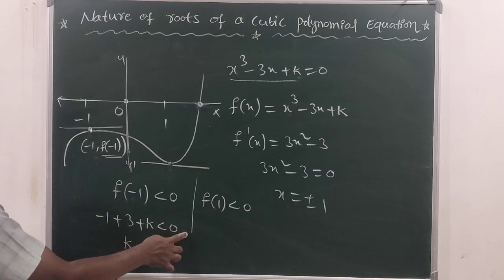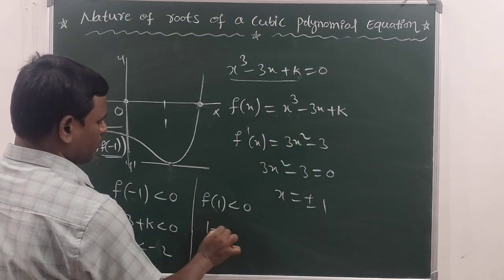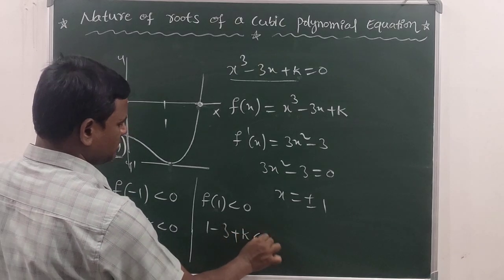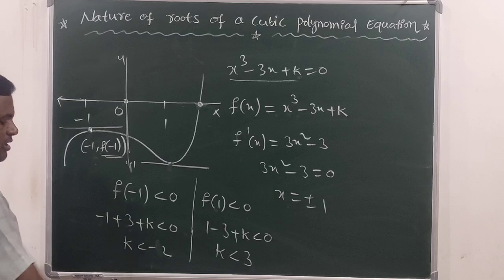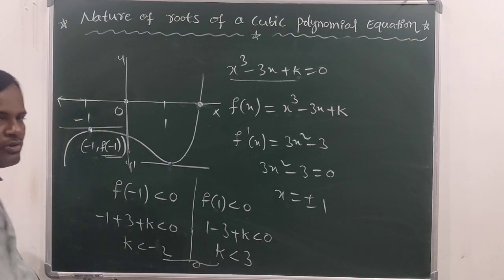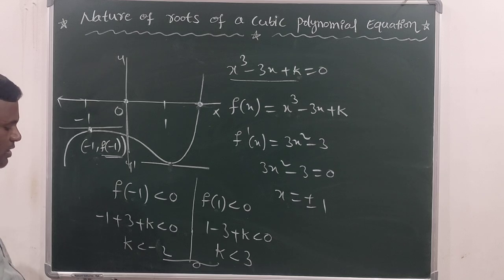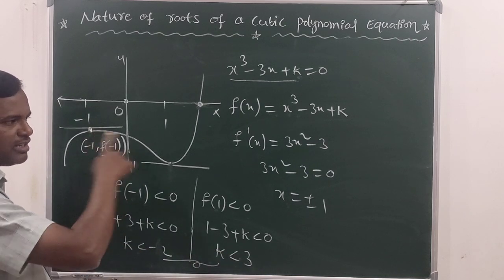3 minus 1 is 2, when it goes to the right side, minus 2. So when I write 1 here, 1 minus 3 plus k less than 0, so k is less than 3. Now what is the required interval for k in this problem? The common portion of these two. Here k is taking values below minus 2, and k is taking values below 3 on the number line.